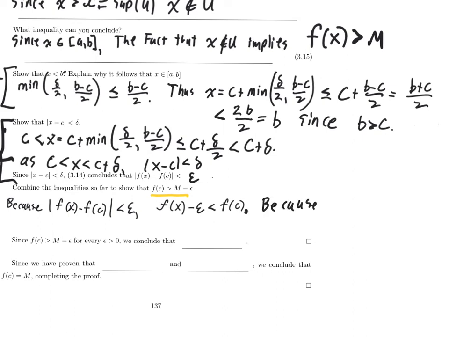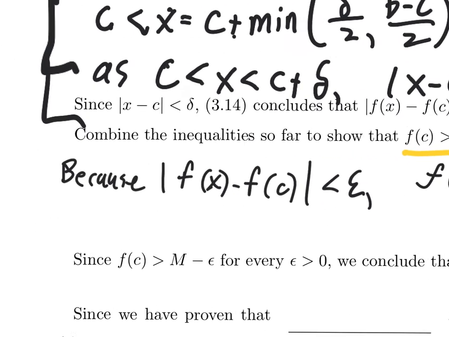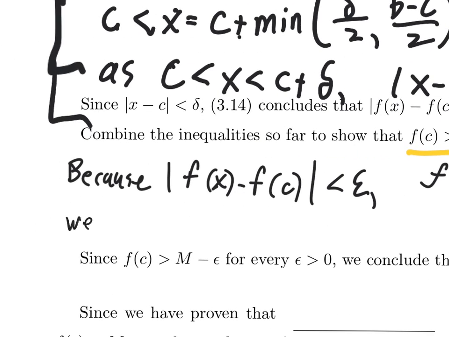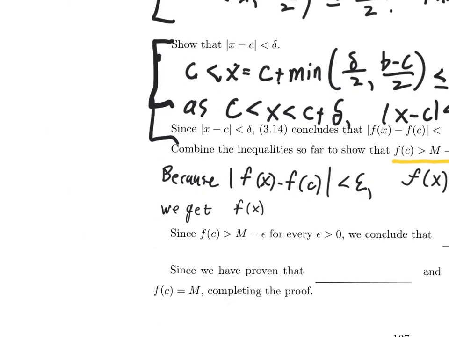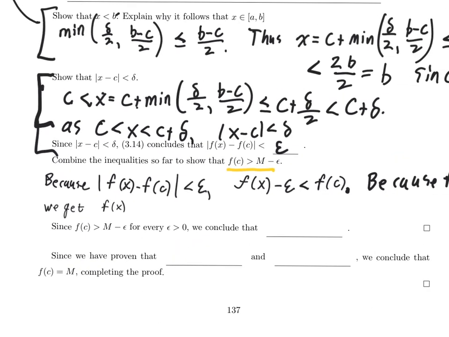Because f of x is bigger than m, we get m minus epsilon less than f of x minus epsilon less than f of c.